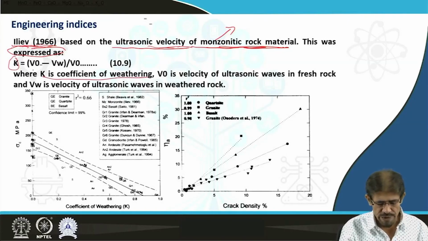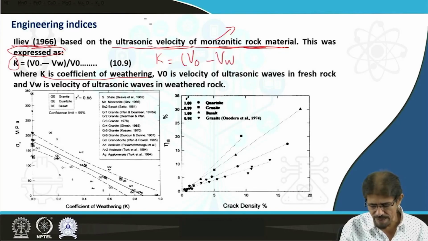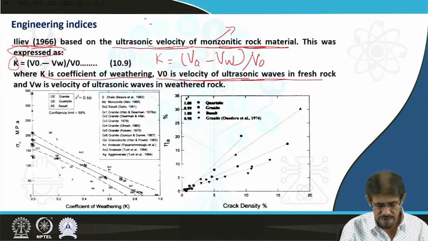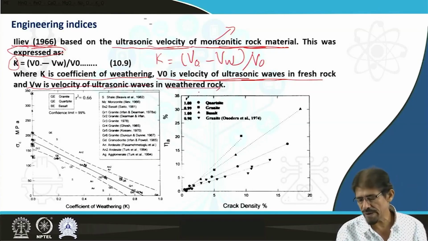This coefficient of weathering is simple: K is equal to V0 minus VW divided by V0, where V0 is the velocity of ultrasonic wave in fresh rock and VW is the velocity of ultrasonic wave in weathered rock.